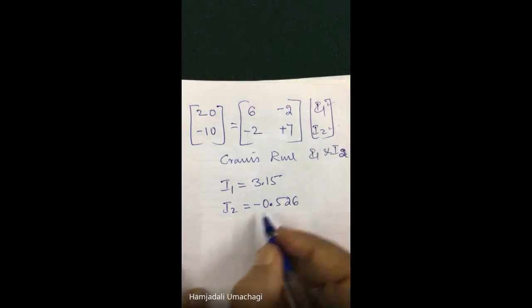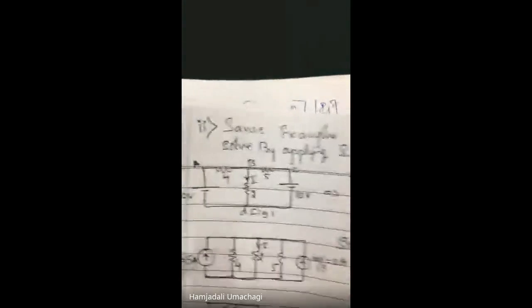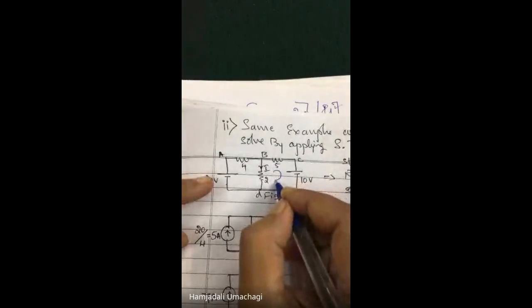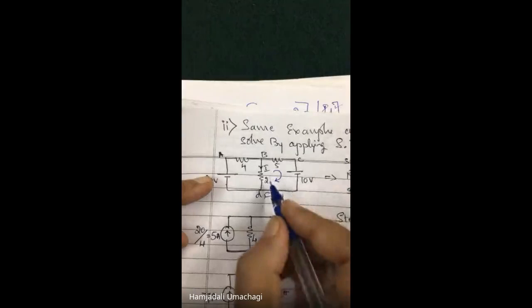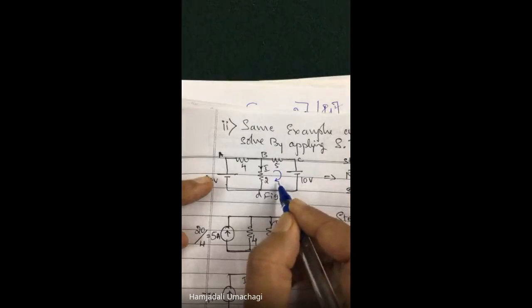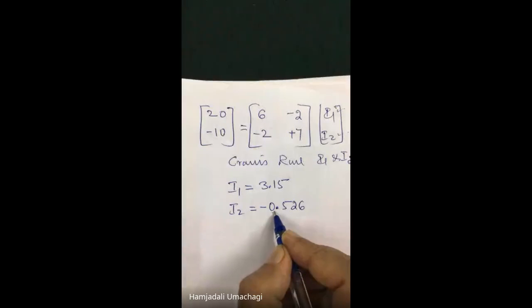Why are we getting a negative sign over here? We are getting the negative sign because the assigned loop direction is clockwise. But the actual direction of that current should be anti-clockwise. This negative sign indicates that only.